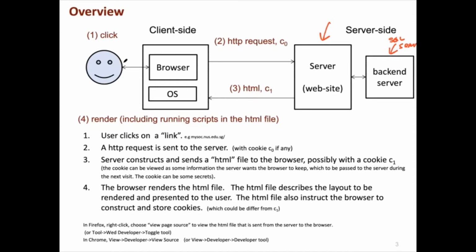So the process of web browsing starts with a user clicking on the browser. For example, the user clicks on a link. The browser from this will generate an HTTP request and send it to the server. The server will have some back-end program that processes the request and constructs a reply. This reply is in the form of HTML.